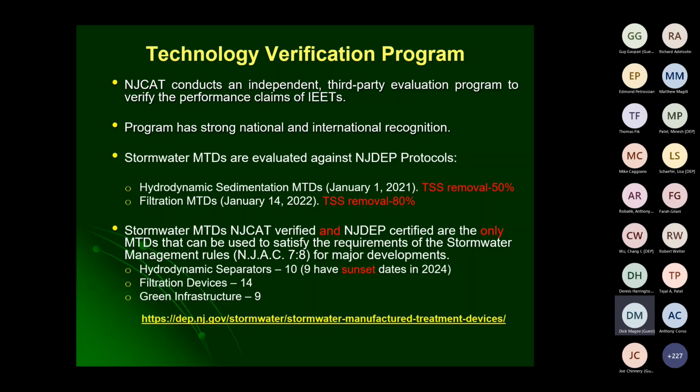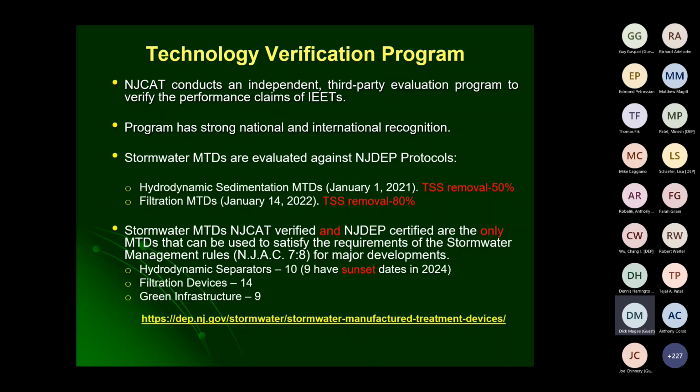By the way, these protocols only allow TSS removal of 50% by an HDS and up to 80% by a filtration device. The key item here is the last bullet on the page: stormwater MTDs that have been NJCAT verified and NJDEP certified are the only MTDs that can be used to satisfy the requirements of stormwater management rules for major developments in New Jersey.